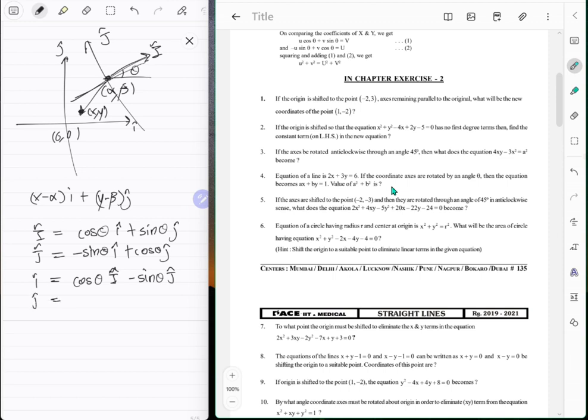Small j hat, and this angle is also theta, by the way, will be sine theta capital I hat plus cosine theta capital J hat. Okay, now we are in a good position to answer stuff.